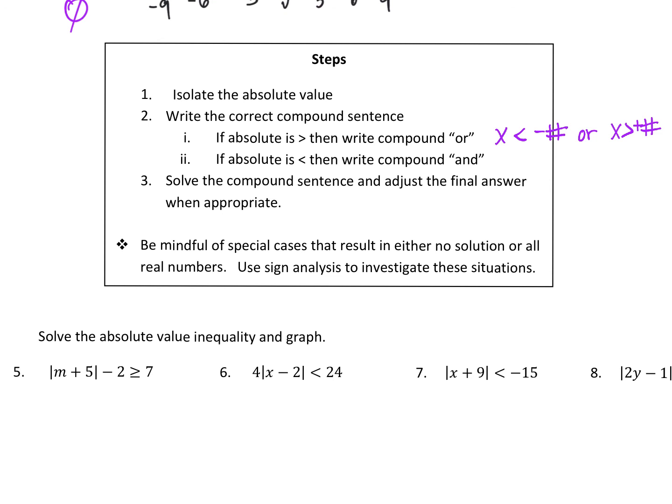Okay. And if the absolute value is less than, we write the compound and, which is going to be the negative number less than or equal to x less than or equal to the positive number. We want the and notation, not separate inequalities for the less thans. Then we solve the compound sentence and adjust the final answer as appropriate.